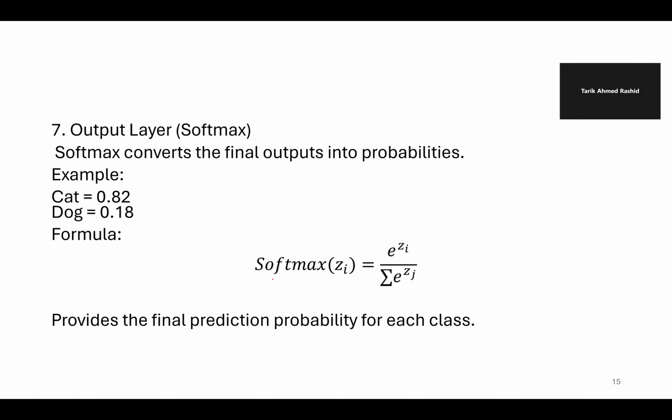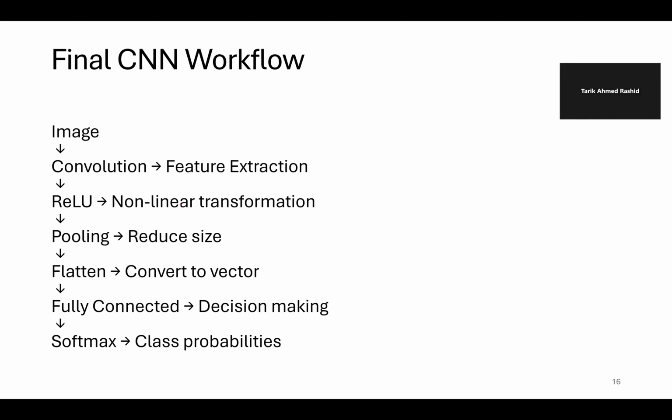So softmax helps you make a decision based on the probabilities that you receive at each neuron in the output layer.